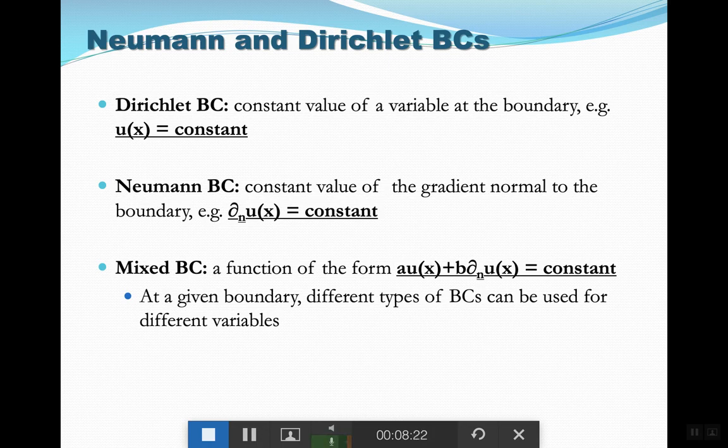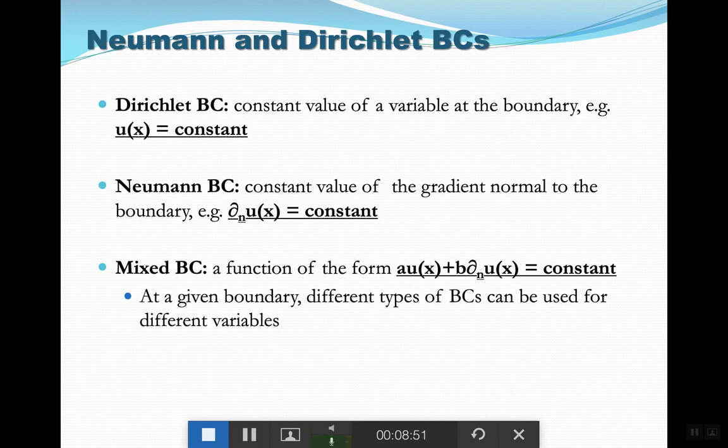So if the rate of change, the derivative at the boundary, is constant, this is called Neumann boundary condition. For example, if you have constant heat flux from one of the walls in your system, that's basically delta T over delta X equal to a constant. That's a Neumann boundary condition.